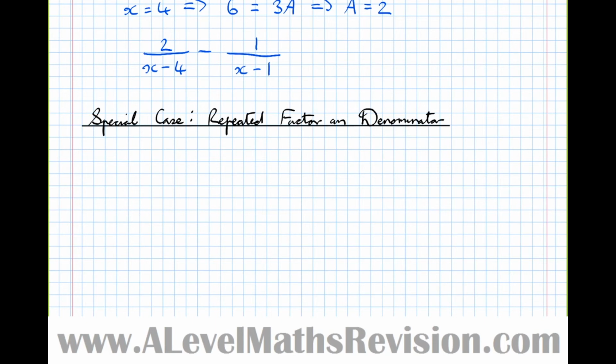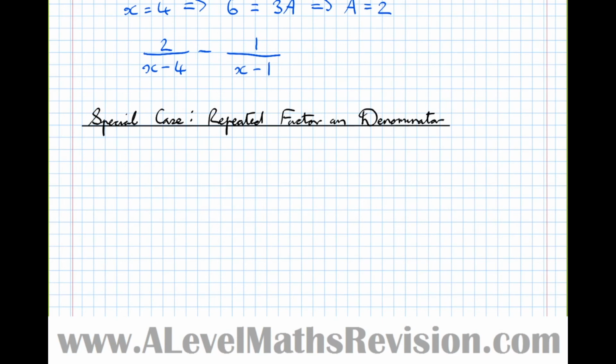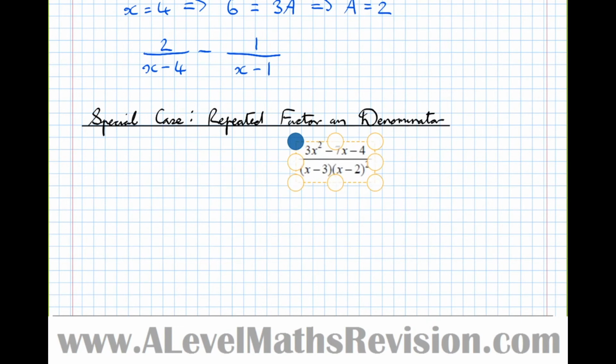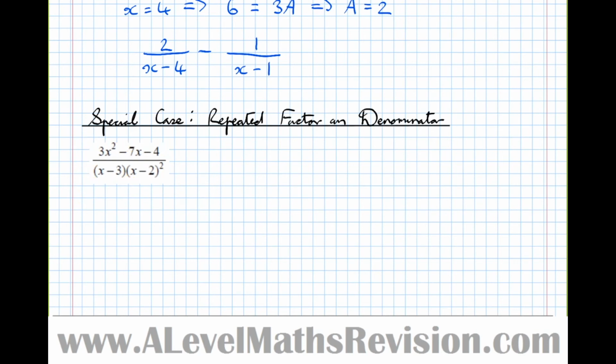So let's take, for example, this one here. That's about to appear. So there it is there. So when we've got repeated factors like that, there's a special thing that we have to do.